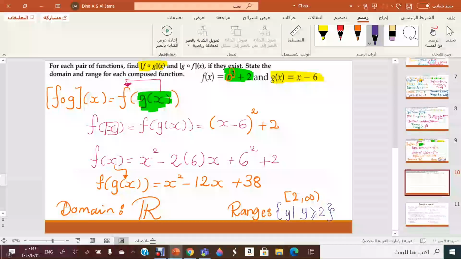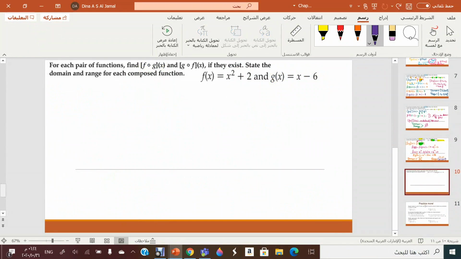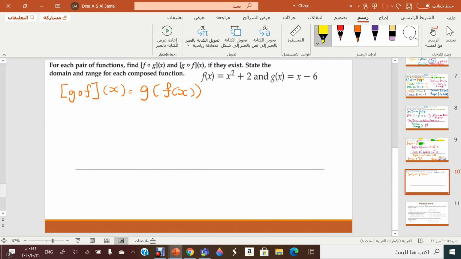Now let's see if I would like to find g of f of x. That means I will put g, and inside it I will remove each x, and I will put instead of it my f of x.